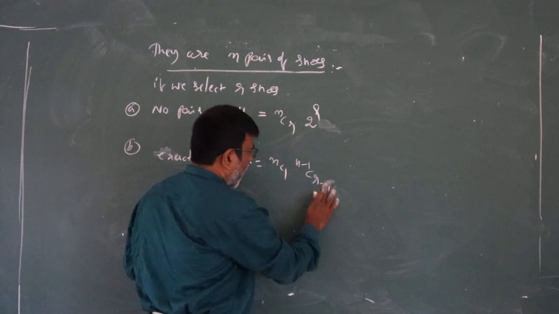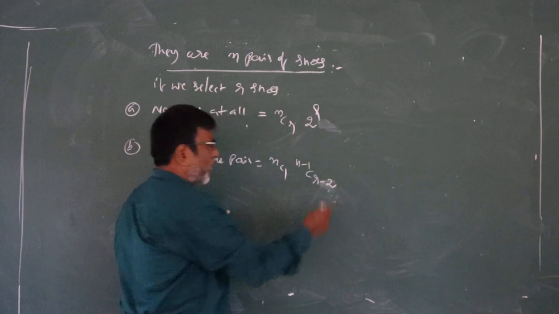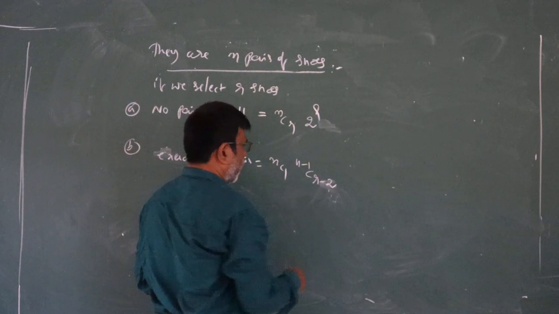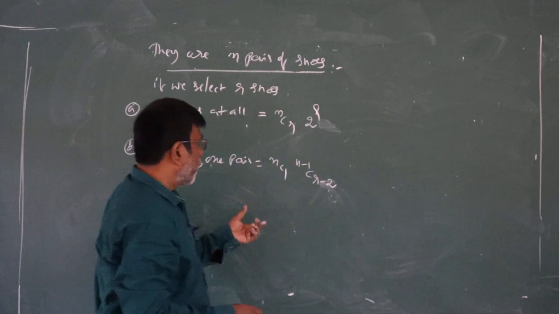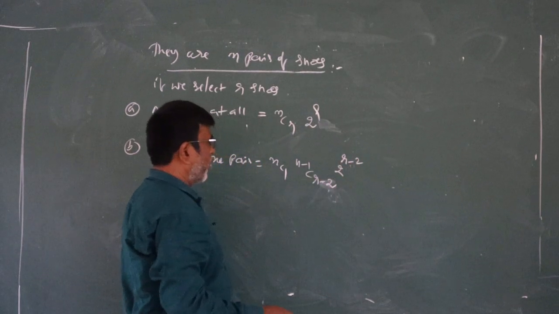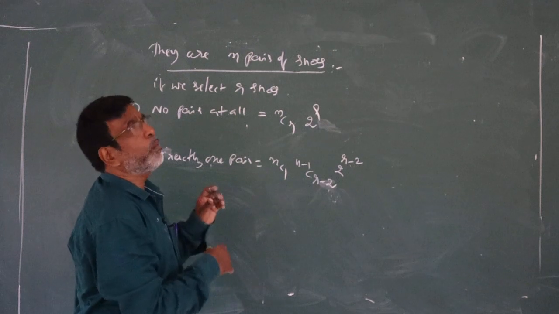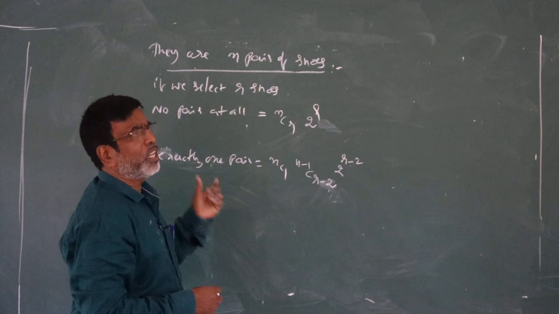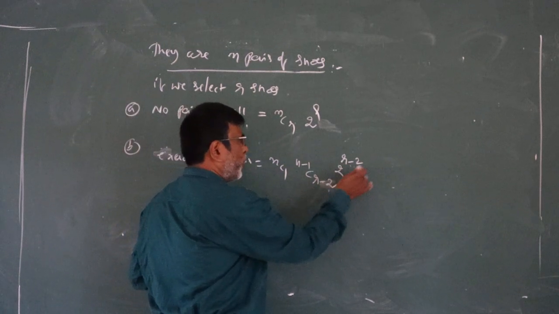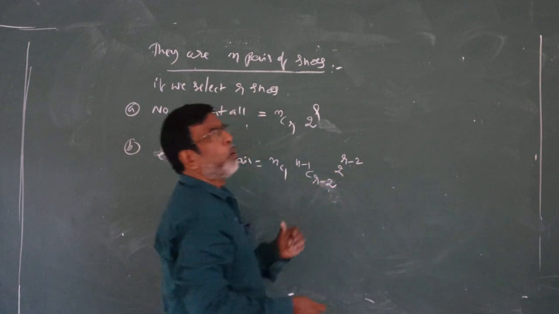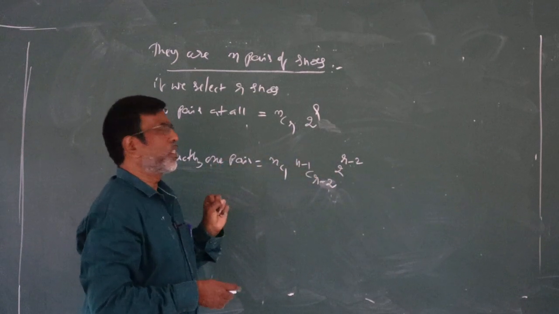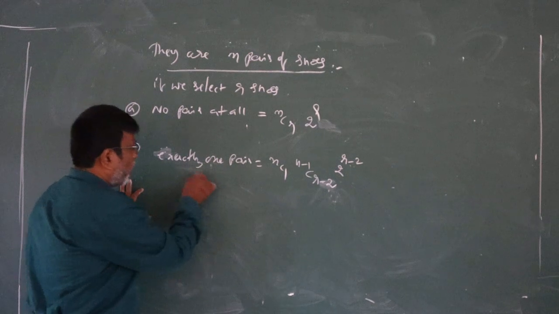From the remaining n minus 1 pairs, we have to select R minus 2 shoes in such a way that there is no pair at all, so 2 power R minus 2. This is the exactly one pair case.